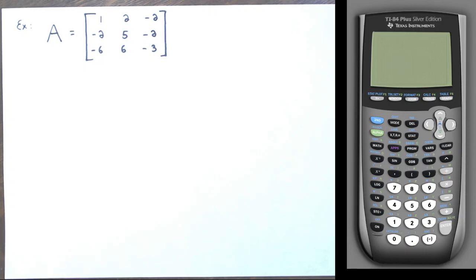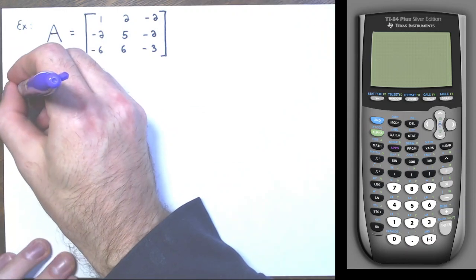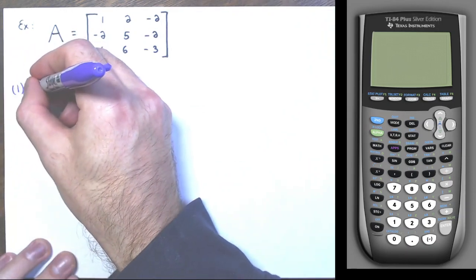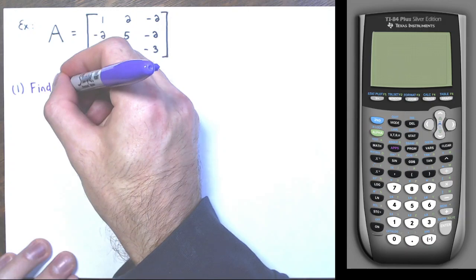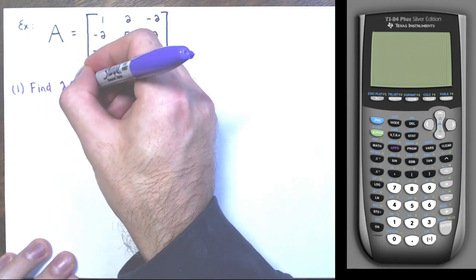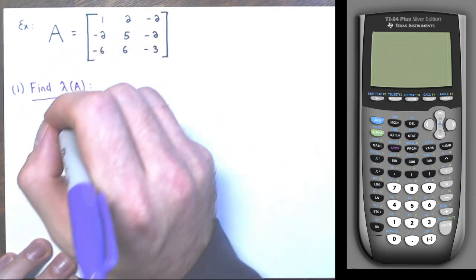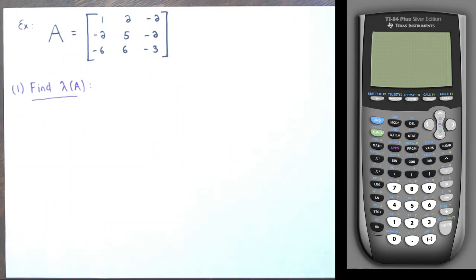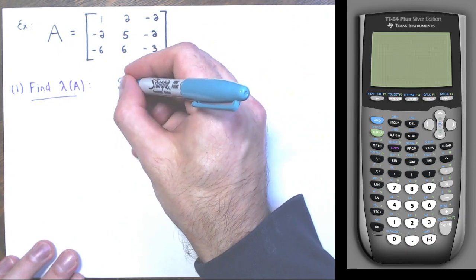Okay, so part 1 again. I'm going to find the spectrum of matrix A, find all the eigenvalues. This is where I'm solving that characteristic equation for lambda.